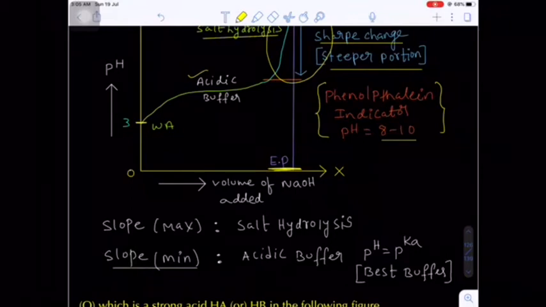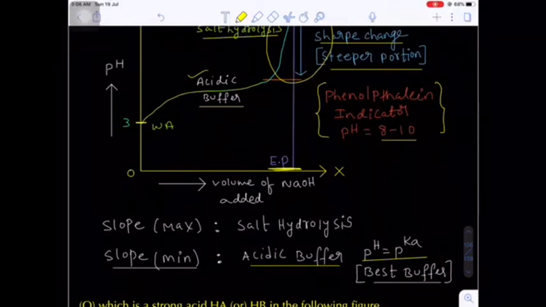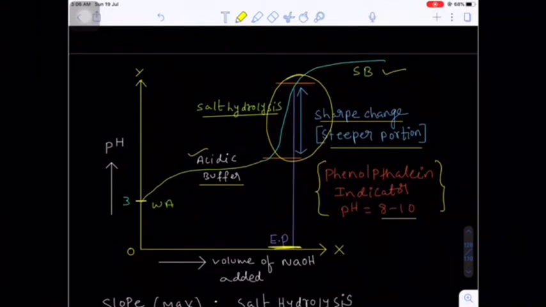Now here, slope maximum and minimum. For the minimum slope, there is a straight line parallel to the x-axis, which will be minimum in the case of a buffer solution. So here the acidic buffer will be formed. Here the pH will be pKa, and then only the buffer is said to be a good buffer or the best buffer.